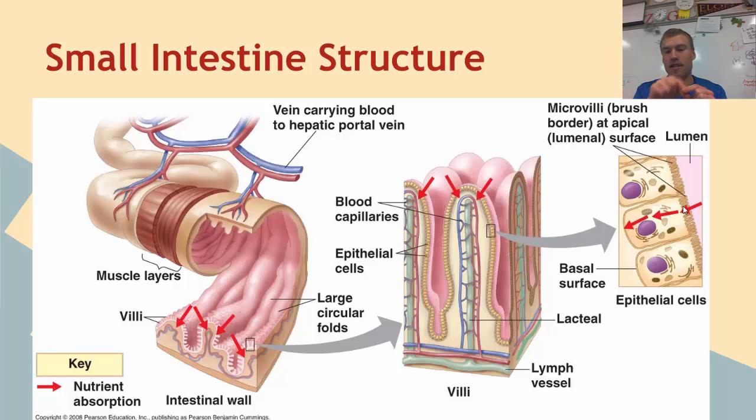The whole point of this is to increase the surface area, because that's the way absorption is going to occur. Mostly absorption occurs through diffusion. After those nutrients are absorbed, they travel into the bloodstream, and then the bloodstream carries the nutrients to the rest of the body.